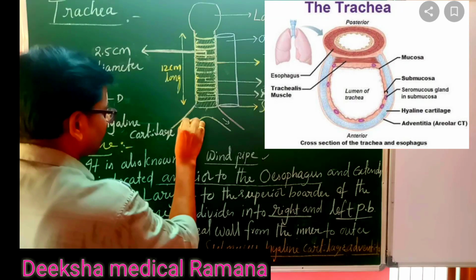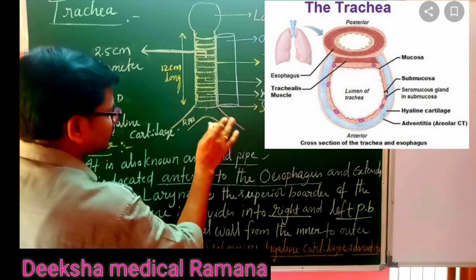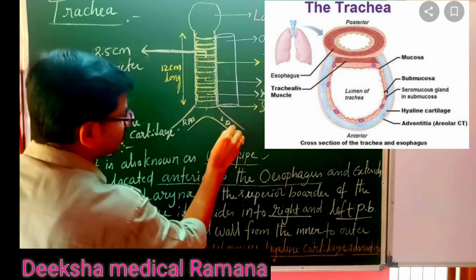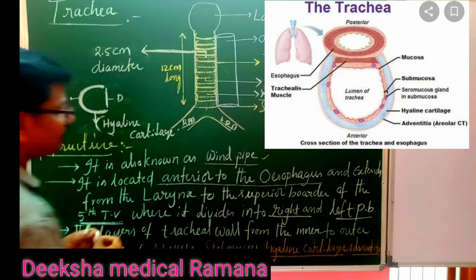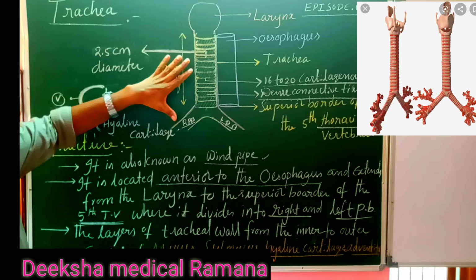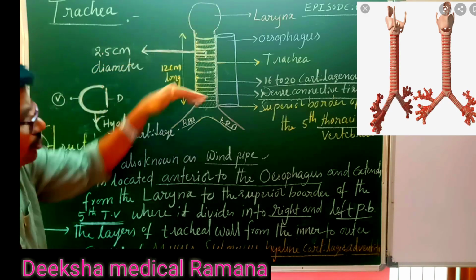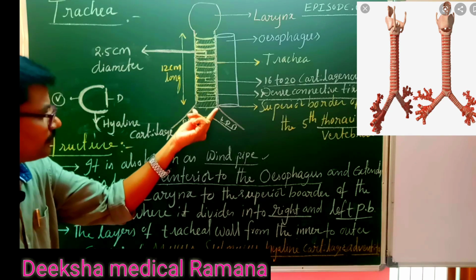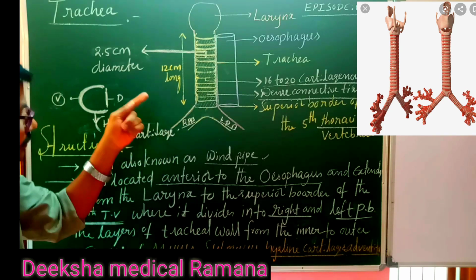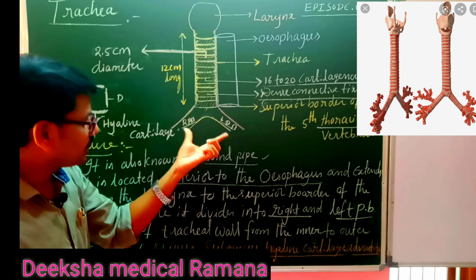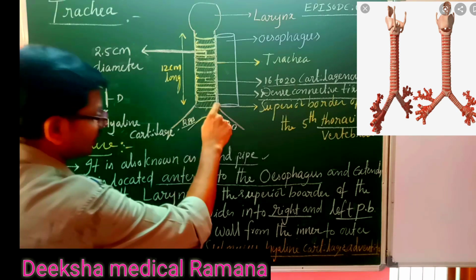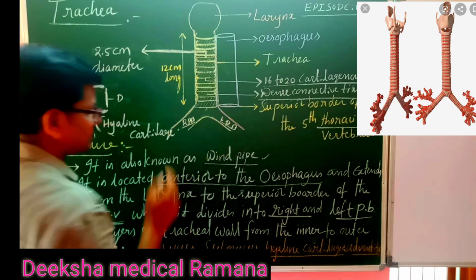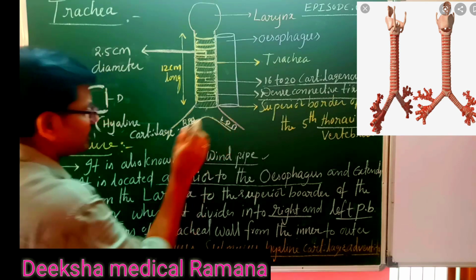This is the right primary bronchus and this is the left primary bronchus. Bronchi is the plural; bronchus is the singular. So the trachea extends from the larynx to the superior border of the fifth thoracic vertebra, where it divides into the right and left primary bronchus.